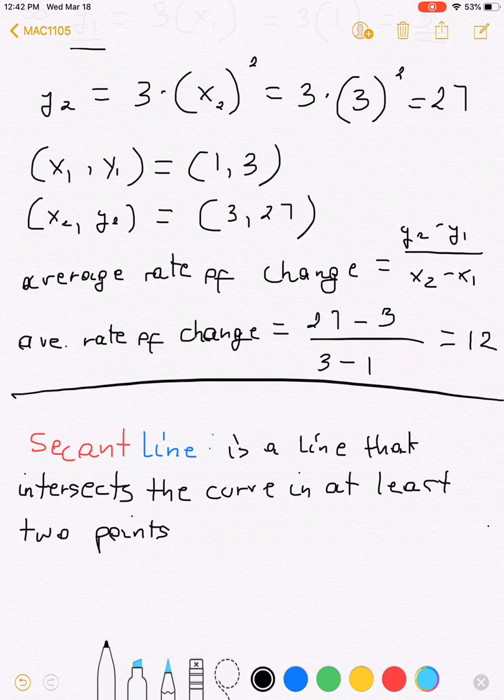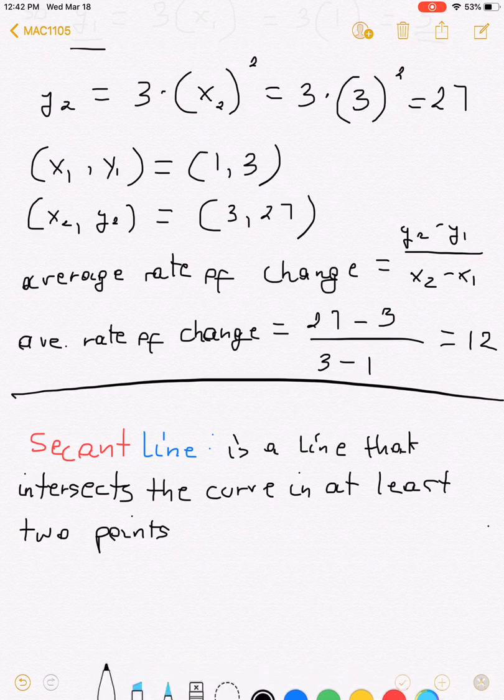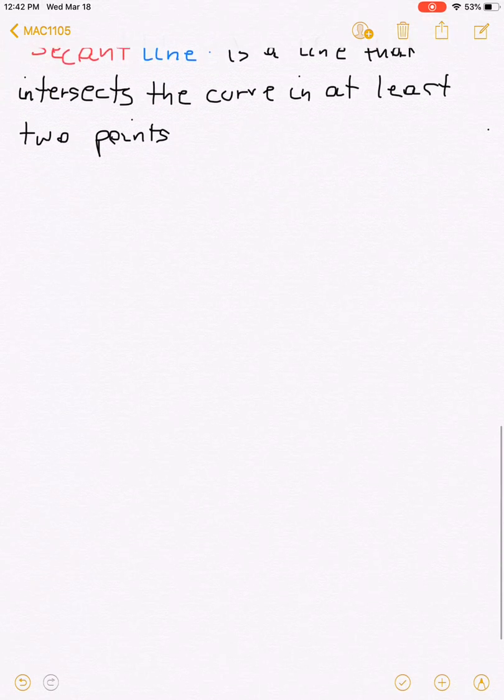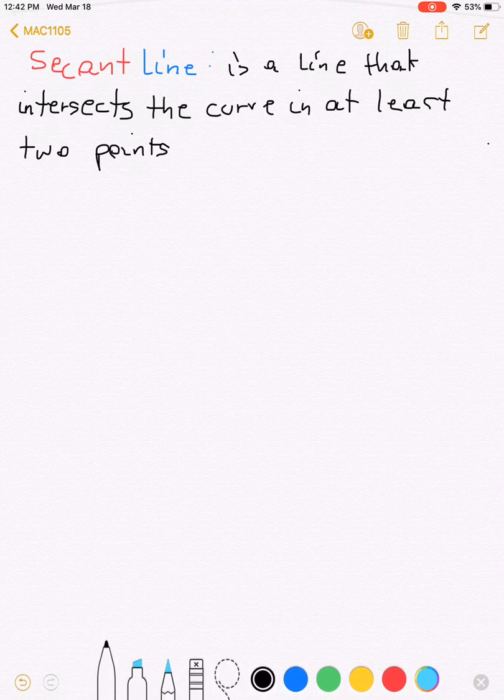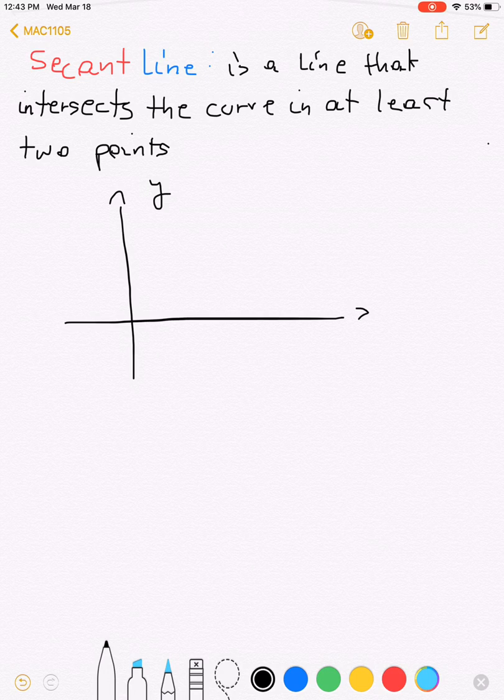So technically it's a line which cuts the graph. Okay, so let me just show you how the secant line can look, so we can see what's going on. So, an example of the secant line. We have a graph, and this is our graph. So let's add 2 points.